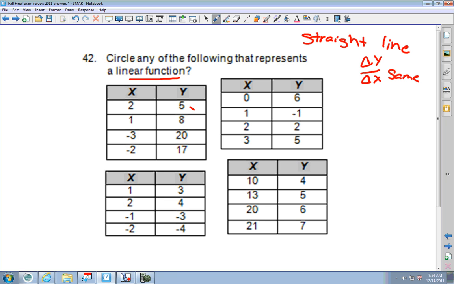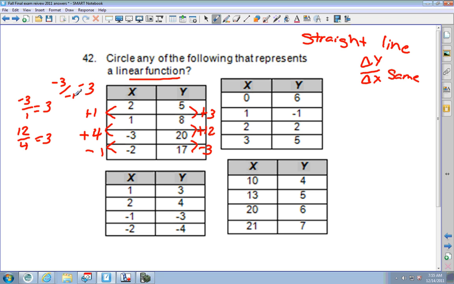So right here, delta y is plus 3, plus 12, minus 3, and delta x is plus 1, plus 4, minus 1. Let's see. 3 over 1 is 3. 12 over 4 is 3. Negative 3 over negative 1 is 3. All of these right here are the same. That means that this is a linear function. They just got it written in some crazy order.